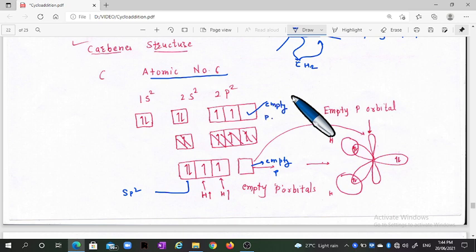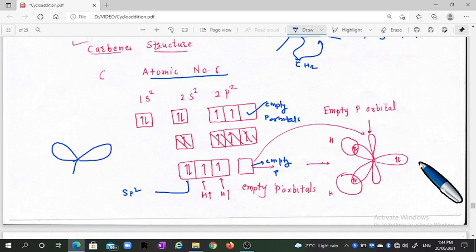The sp2 hybridized orbitals will look like this. We have shown here the first orbital, second orbital, and third orbital.